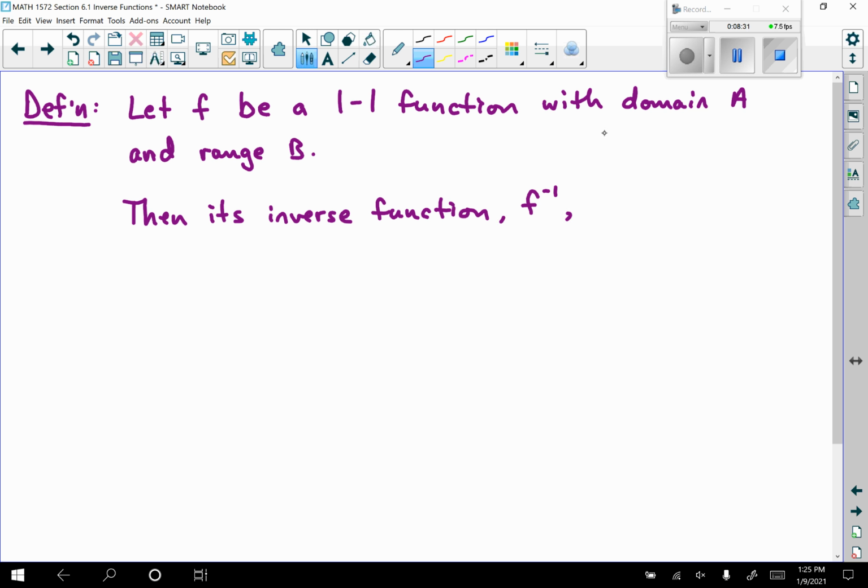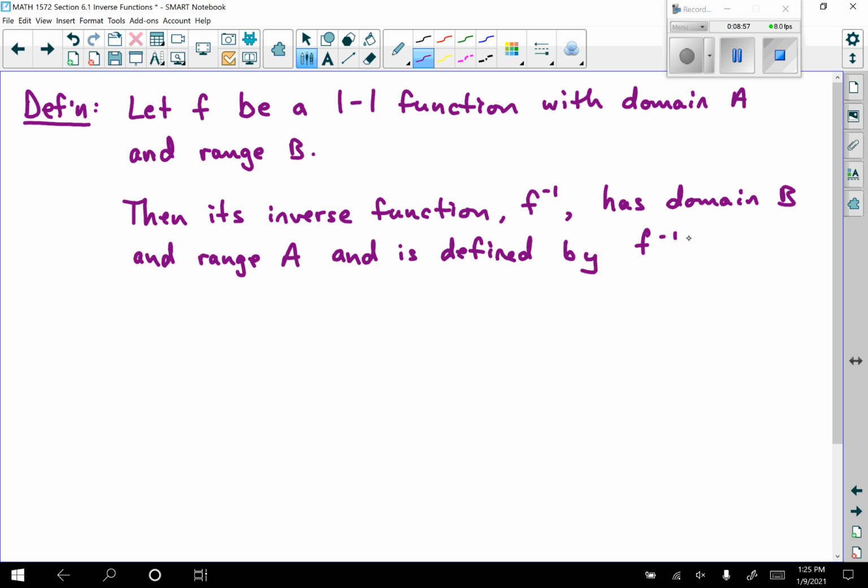So the inverse function, yes, f to the negative first, but that's just the notation we're using, has domain B and range A, and is defined by this equation right here, if and only if f of x is equal to y for any y contained in B. And this little symbol right here means contained or is an element of.